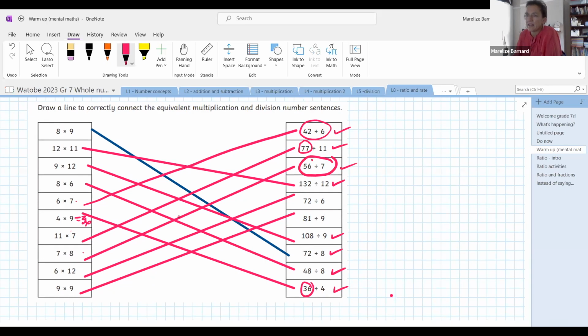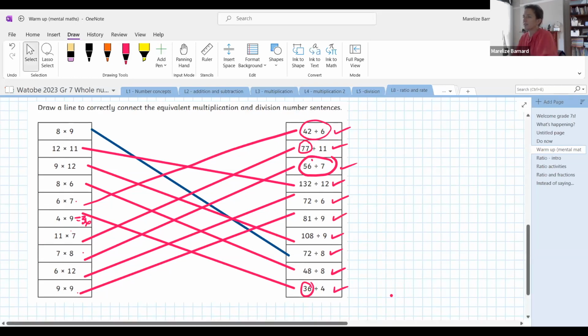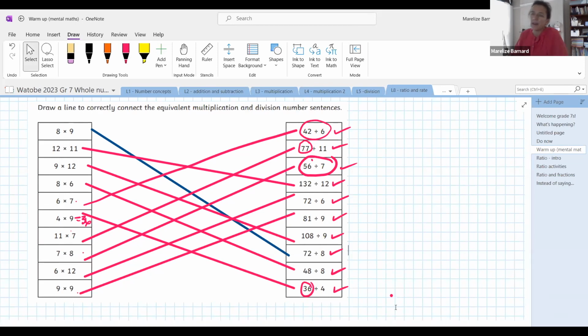And then 6 times 12 is 72. So 72 divided by 6 gives me 12. And then 9 times 9 is 81. So 81 divided by 9 will go with that. Okay, so there we go. What did we have here? How many? 1, 2, 3, 4, 5, 6, 7, 8, 9, 10.